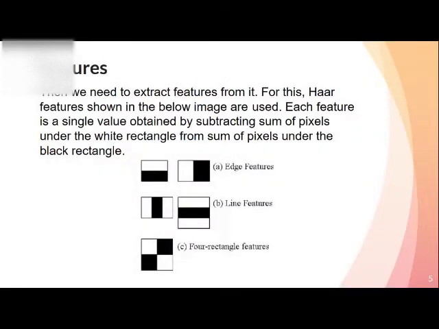Now there are two problems with a 24 by 24 image. This algorithm will find features in that image, and after the extraction, there are almost more than 1.5 lakh features. That is a very big problem, because 1.5 lakh features is a lot.